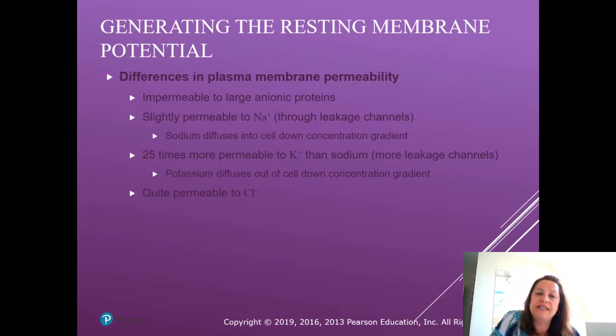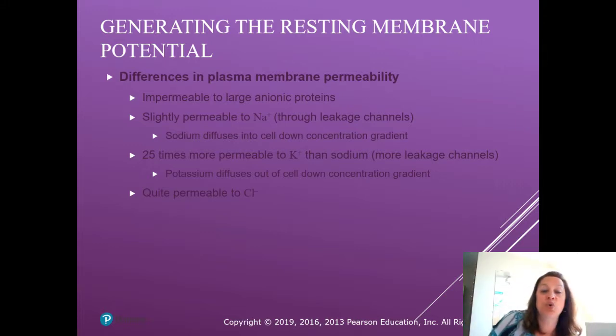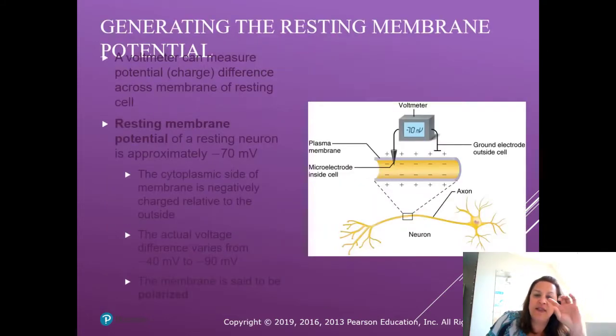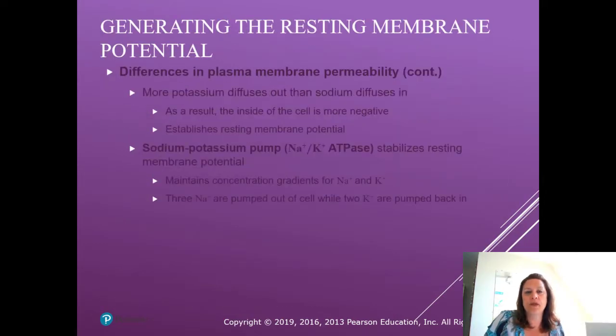The membrane is slightly permeable to sodium, very permeable to potassium, and a little bit permeable to chloride. And again, moving those around is going to change this positive and negative potential along the membrane.